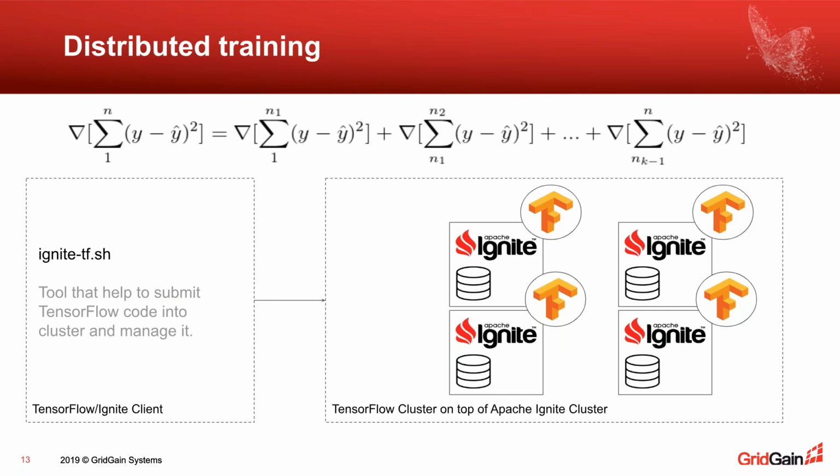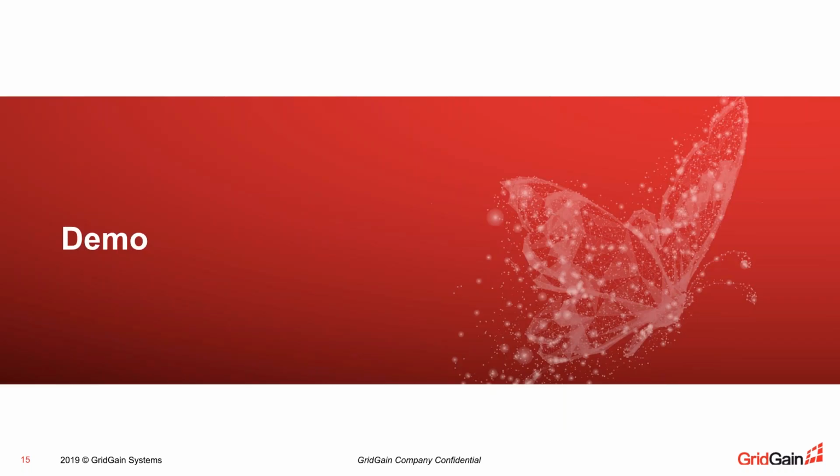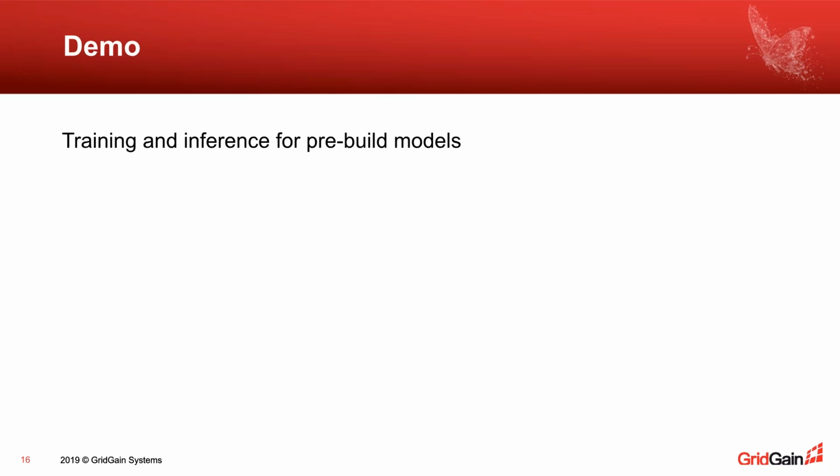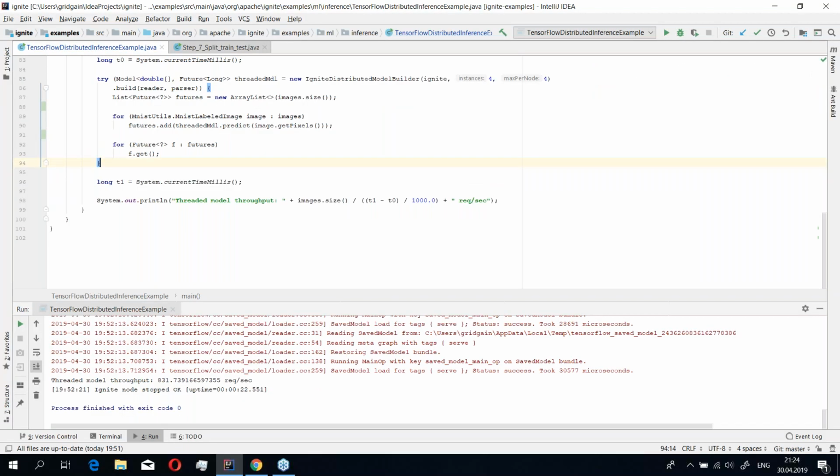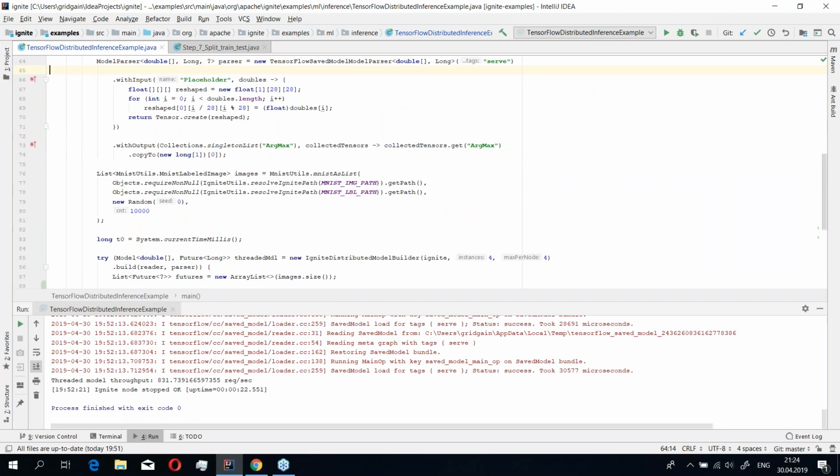And we will have the same benefits that we have from an Apache Ignite cluster, like data collocation and fault tolerance that I already mentioned. And here I want to continue with a couple of demos. The first one is a demonstration of more advanced use of our Apache Ignite machine learning framework. Now I will stop my presentation and switch to my IDE.